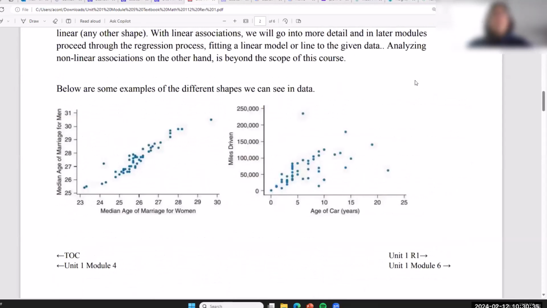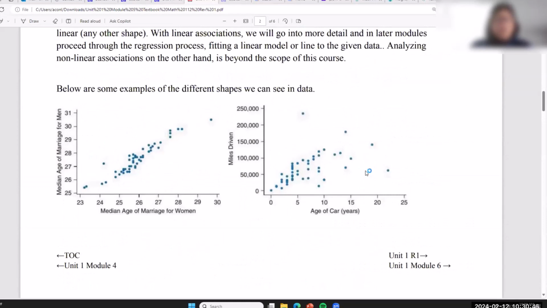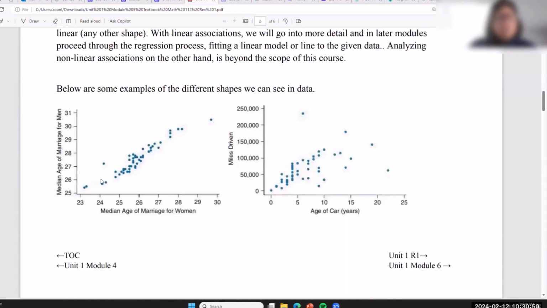So here we go. These are some different shapes, I think, that we can see in a data set. I'm actually thinking these are different trends. So notice this one on the left here. This is again a linear shape.